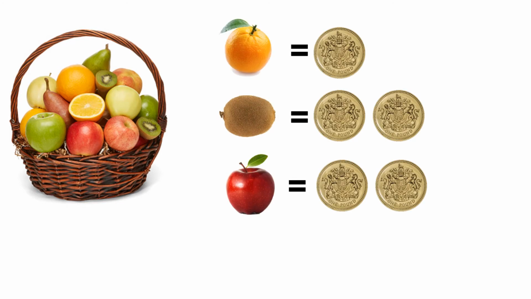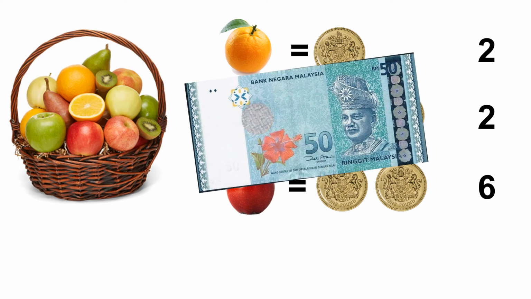So how can this sodium chloride equivalence be used? Let me give you an analogy. Let's say you are going to buy a fruit basket in London and each orange costs you £1, a kiwi £2 and an apple £2 as well. If a fruit basket consists of 2 oranges, 2 kiwis and 6 apples, how much would you need to pay? You end up only having ringgits in your pocket, so that would not be possible.